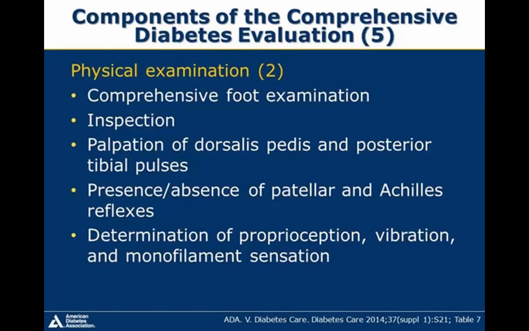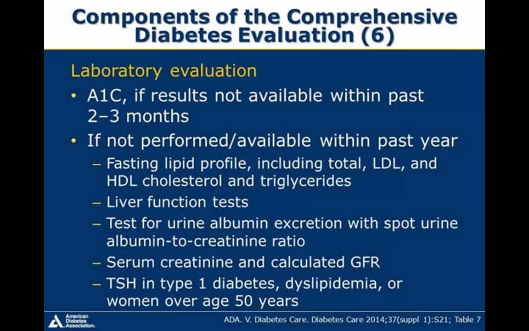In addition to that, you should do a comprehensive foot examination, send the patient to a podiatrist, and check the pulses because of the possibility of PVD, and also sensation that could be impaired. Laboratory evaluation that you should do: hemoglobin A1C, which will give you the levels for the past 3 months, fasting blood glucose levels, and fasting lipid levels.